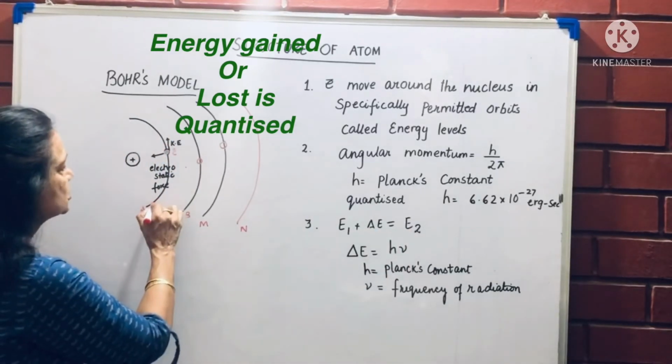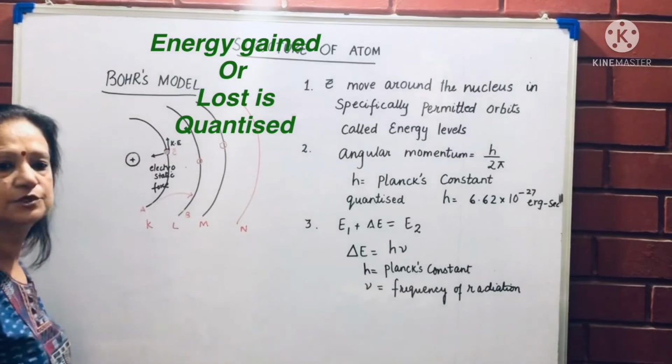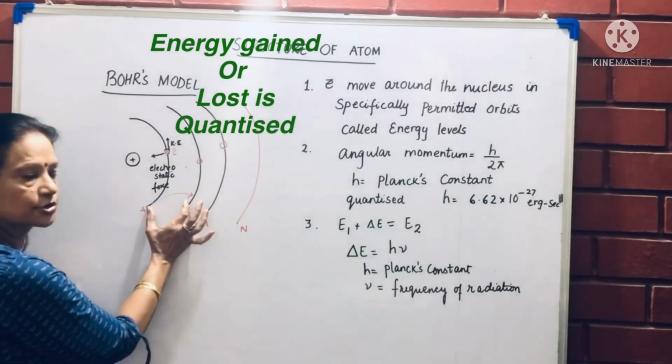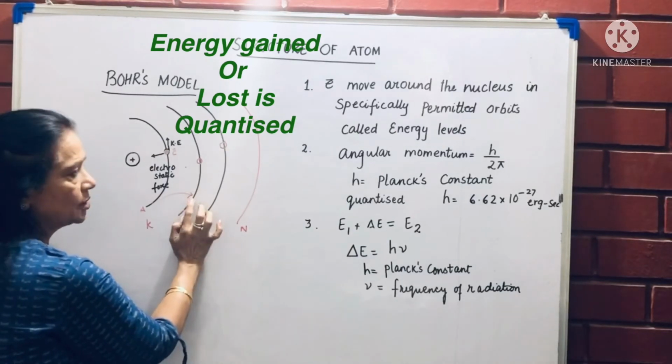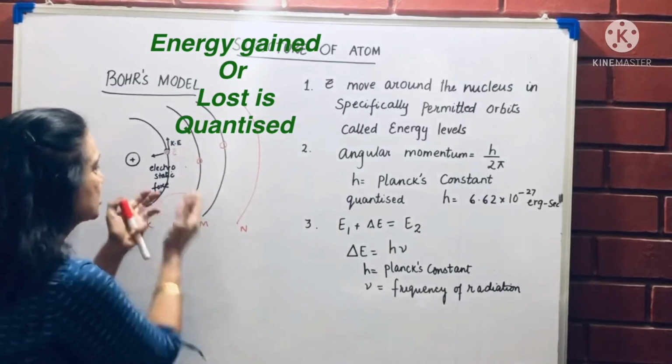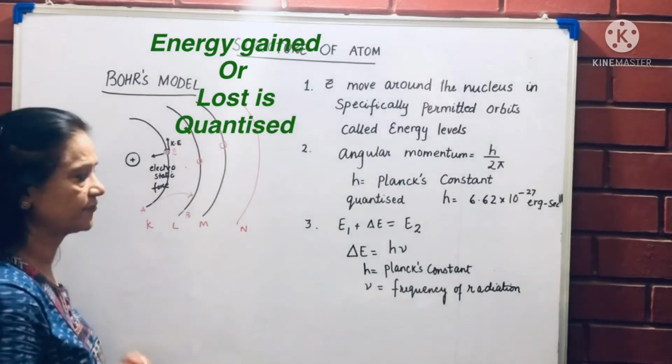So when the electron jumps from a lower to a higher energy level, it absorbs a certain amount of energy, which should make its final energy equal to that shell, only then can it reach there, because it can't be somewhere in the middle.